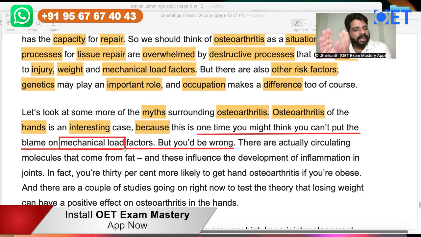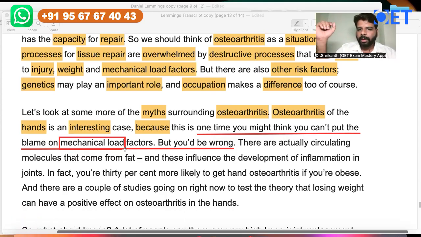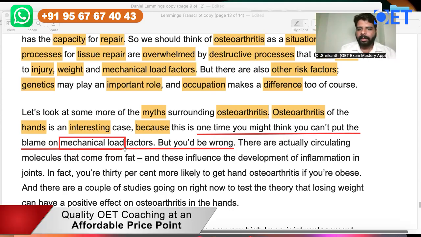But imagine the same obese patient and think about their hand. Now see, this is a hand. Even if a patient is obese, there is no stress for the hand, right? So here he's saying this is an interesting case.